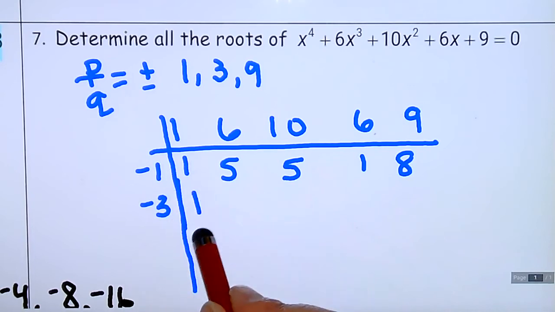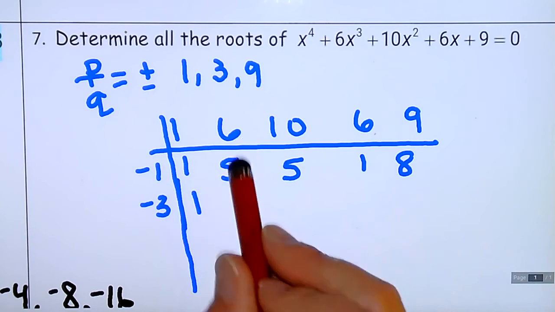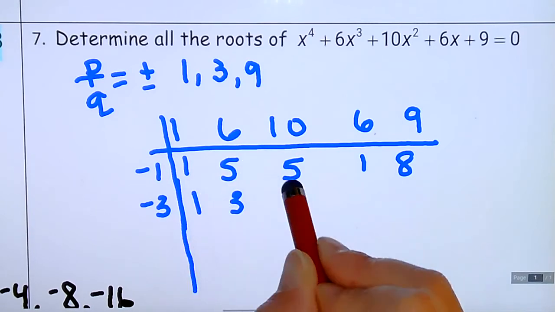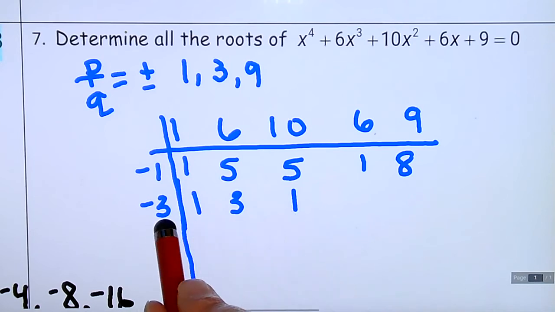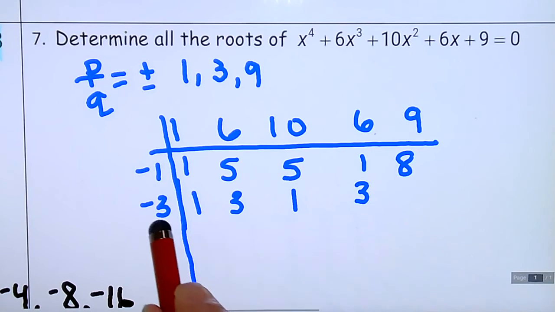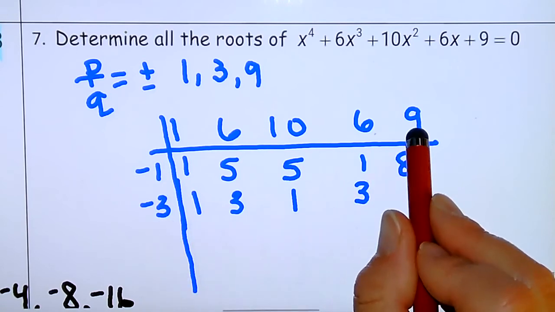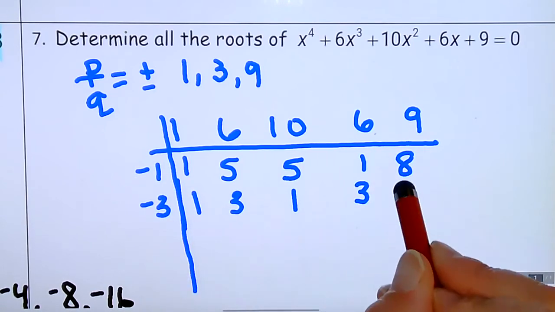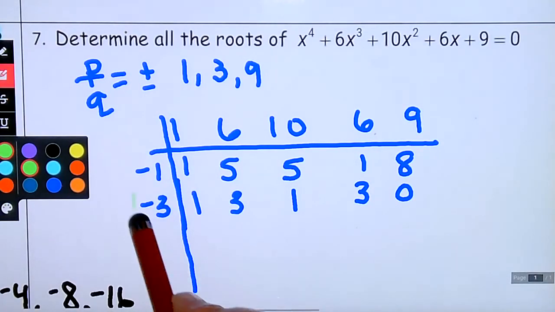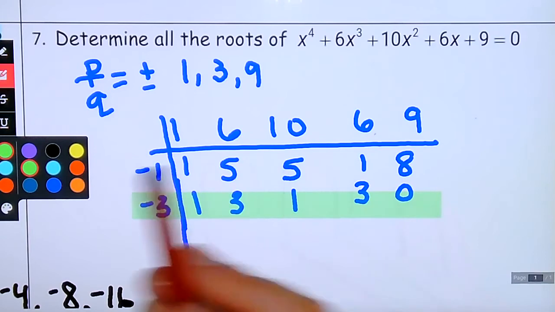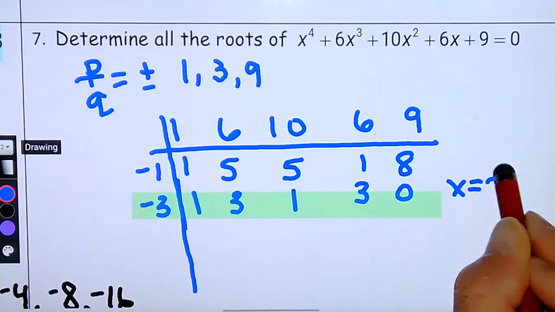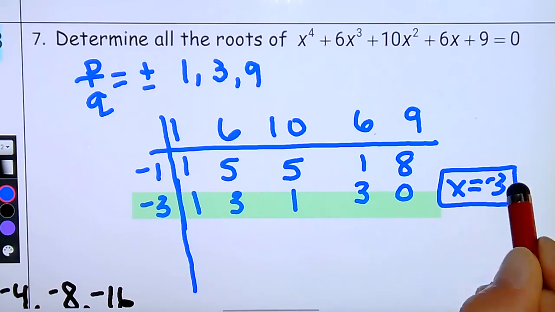Bring down my 1. 1 times negative 3 is negative 3, add it to 6, 3. 3 times negative 3 is negative 9, add it to 10, 1. 1 times negative 3 is negative 3, add it to 6, 3. 3 times negative 3 is negative 9, add it to 9, 0. So I did find a 0. So I have x equal negative 3 as an answer.